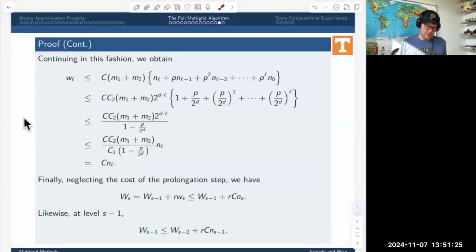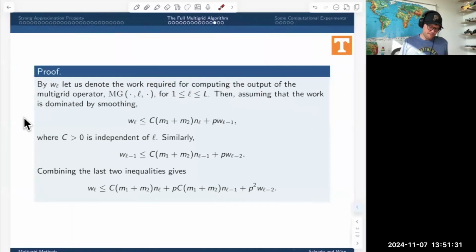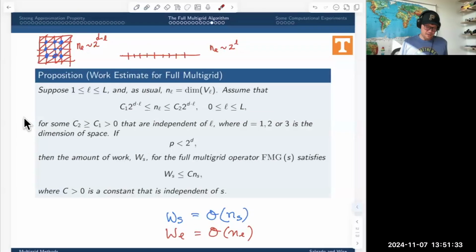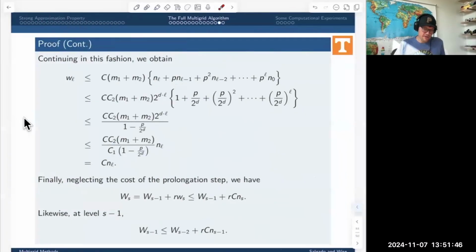I have used one other estimate, and that is that N_L is bounded above by this constant here. So basically N_L is going like 2 to the d times L. That's where I'm using that. Okay, so those are the two assumptions that I'm making about the structure of my problem.